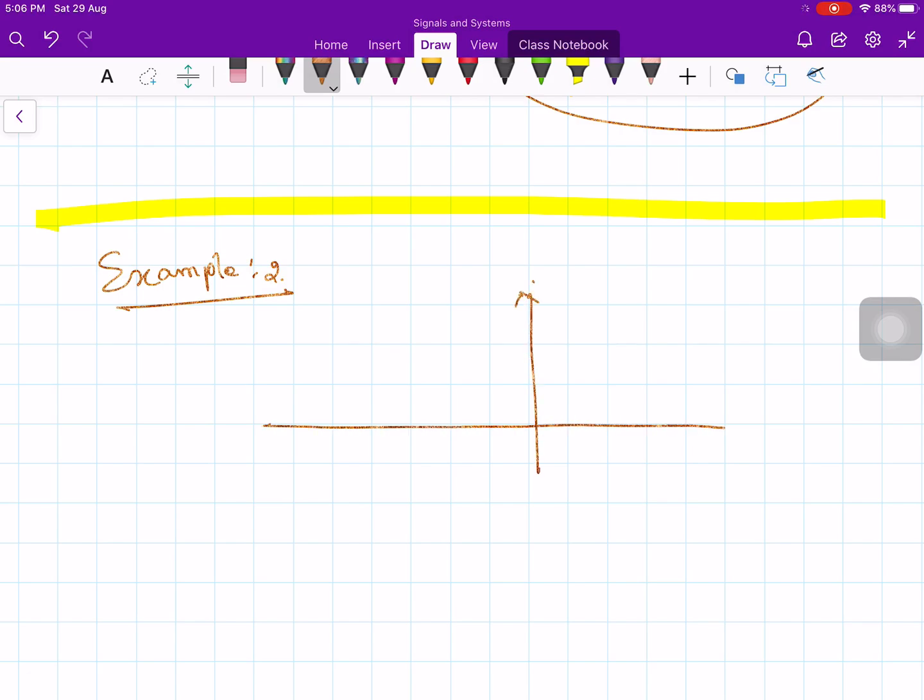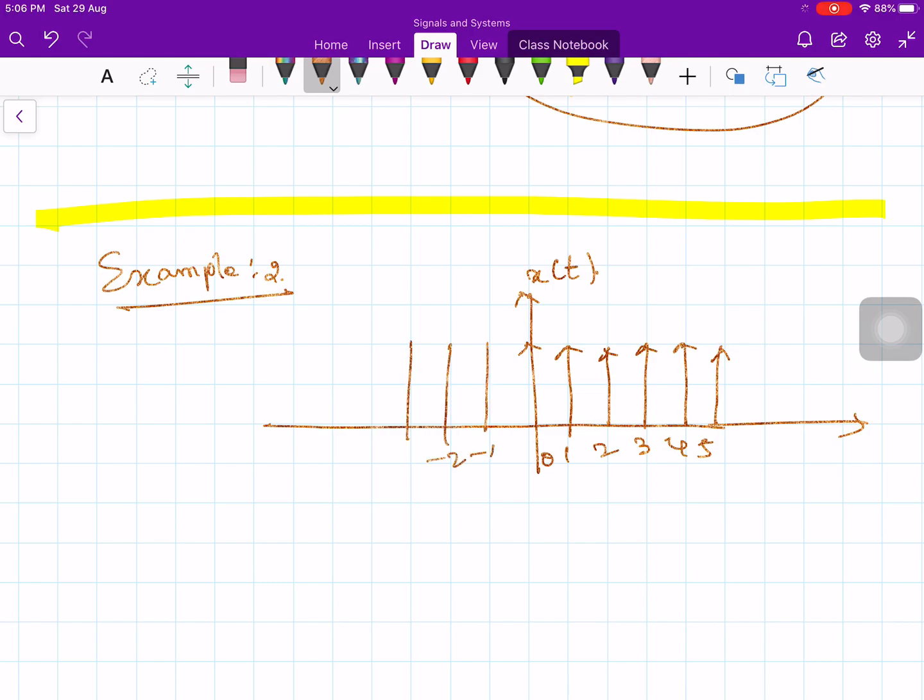Let me call it x of t. Now it has a constant magnitude everywhere, like this, at discrete points on the time axis: 0, 1, 2, 3, 4, 5, and this side also -1, -2, -3, -4, and so on. These are magnitudes like this, right?